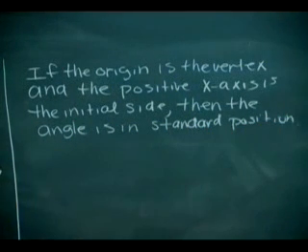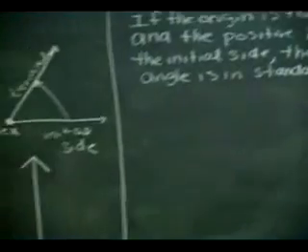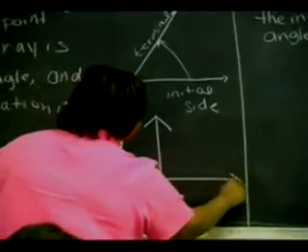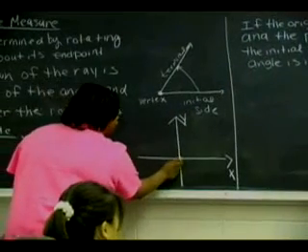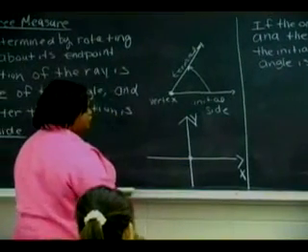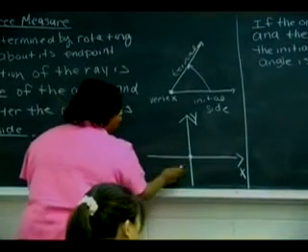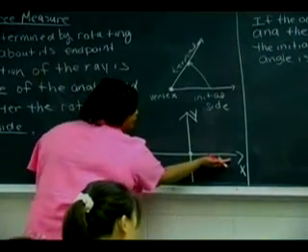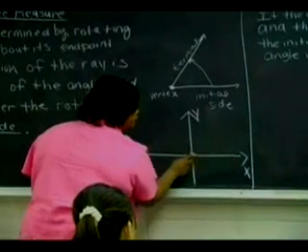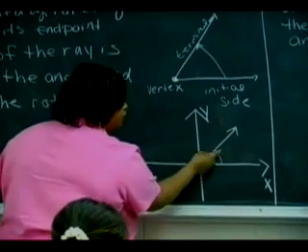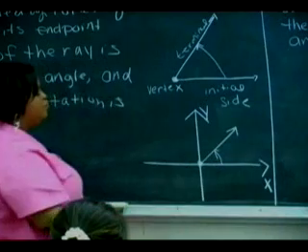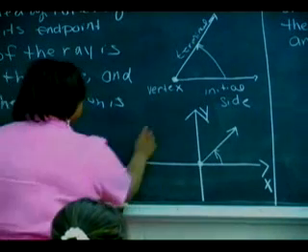Okay? So, if we have the rectangular coordinate system, x-axis, y-axis. If this origin here is our vertex, and this positive x-axis is the initial side, then if we have our terminal side coming out here, this angle is said to be in standard position.